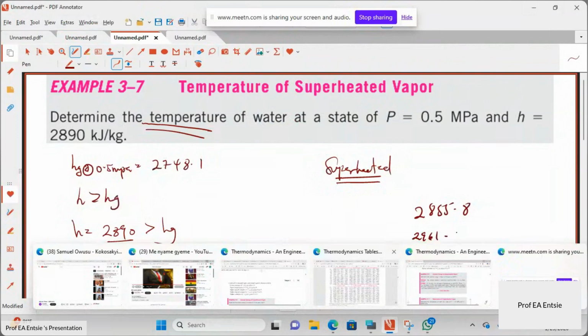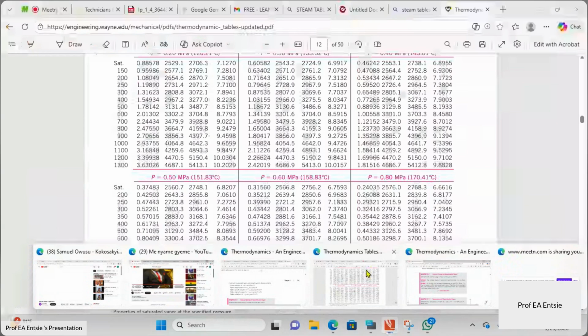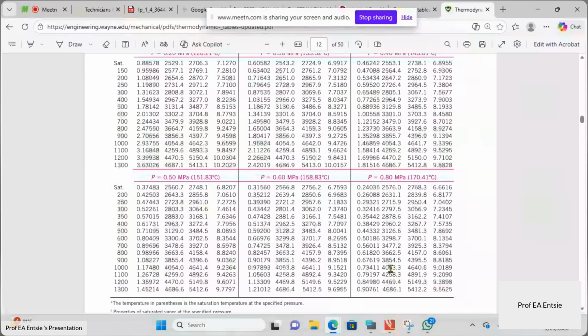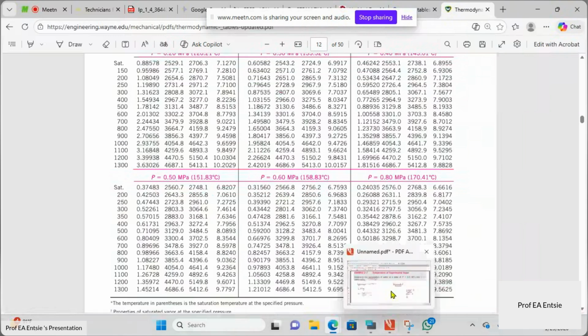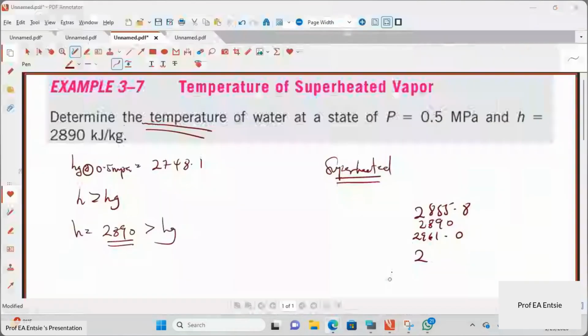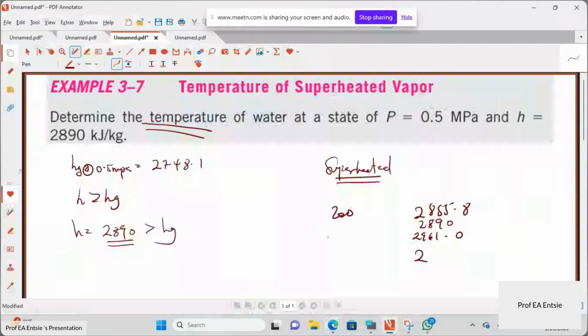So it is in between the two. So it means interpolation will be occurring. Then you check the temperatures. Tsat, because at a given pressure, the temperature there is Tsat. So you trace 2855.8, 2961. What are the temperatures there? 200 and 250 respectively. And the one that we need is for the 2890. That's what the question is asking us to do. So that's where we call it interpolation.